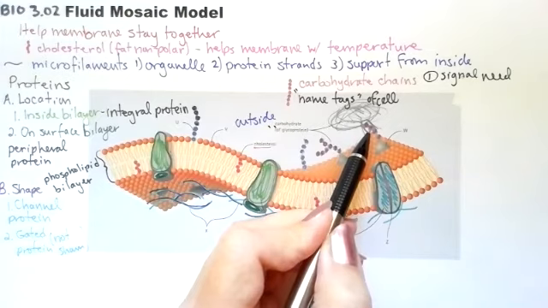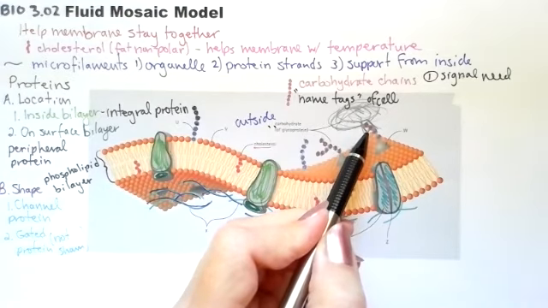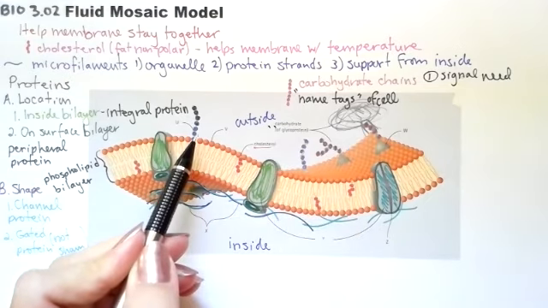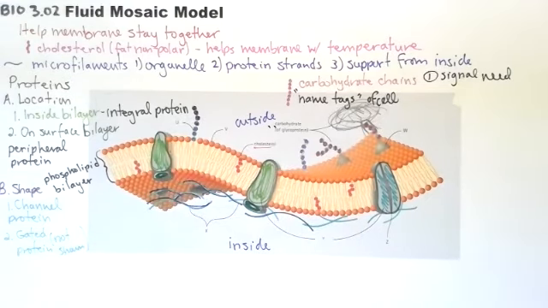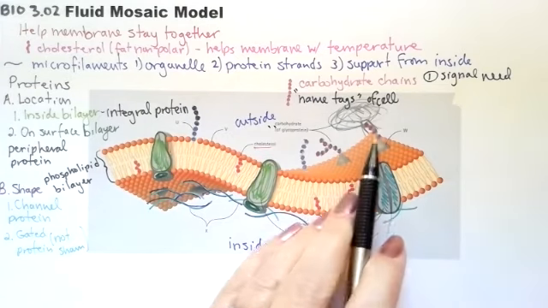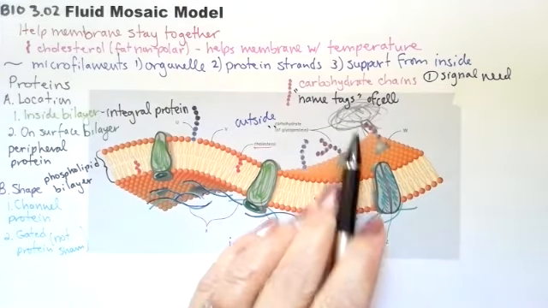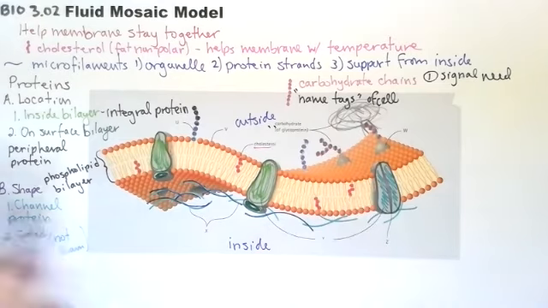It'll check the carbohydrate chain, and it knows what carbohydrate chain should be there because your body has a certain set of chains that are allowed, and it'll check the next one, and the next one. But if it gets to a cell and the cell doesn't have the right carbohydrate chain, this white blood cell will come in and kill the cell. So this is where the name tag comes in.